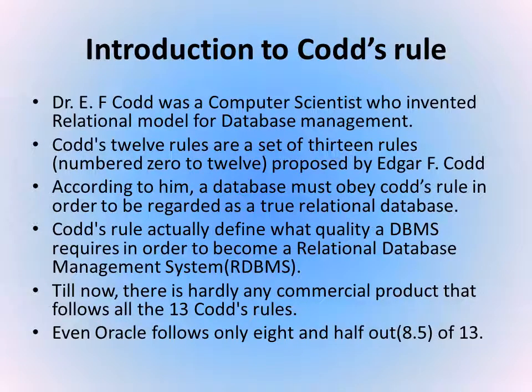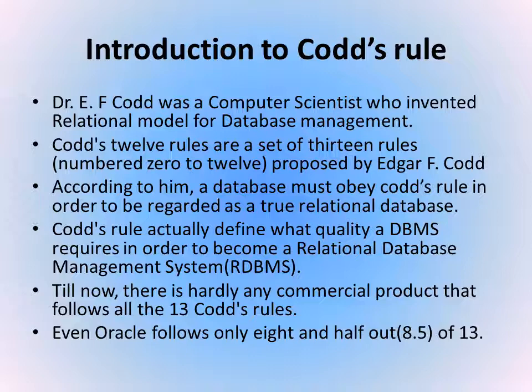Introduction to Codd's rules. Dr. E.F. Codd was a computer scientist who invented the relational model for database management. Codd's 12 rules are actually a set of 13 rules numbered from 0 to 12. These rules were proposed by Dr. Edgar F. Codd.